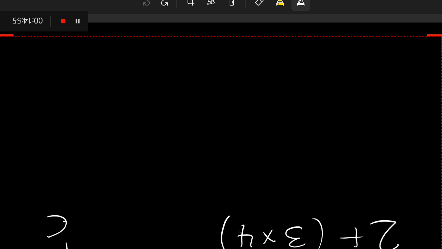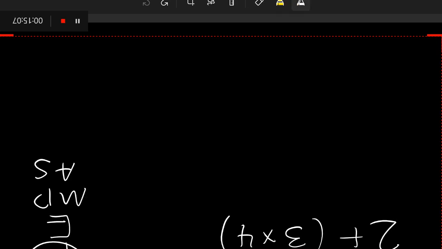Let's see another example. This is fairly simple. We can again use PEMDAS. We see that there are parentheses.